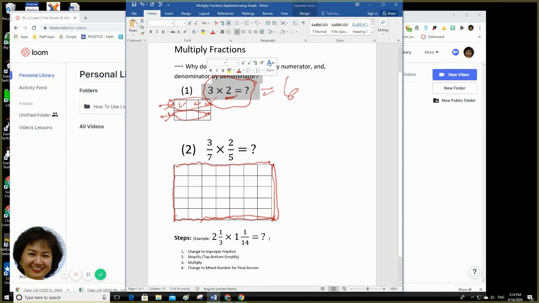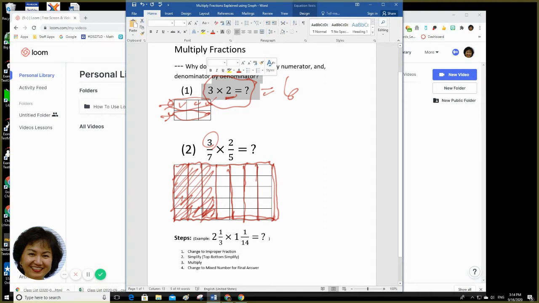We can cut this box into 7 vertical columns, like this. Now, this box is cut into 7 equal parts. Now we take 3 out of that, so we shade these 3. So this picture is now 3/7.